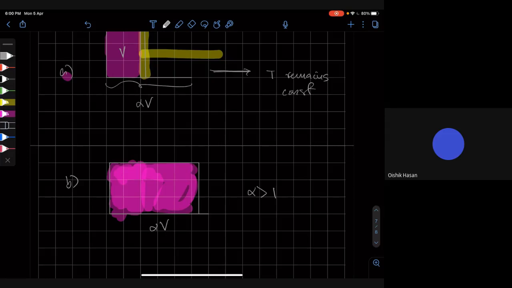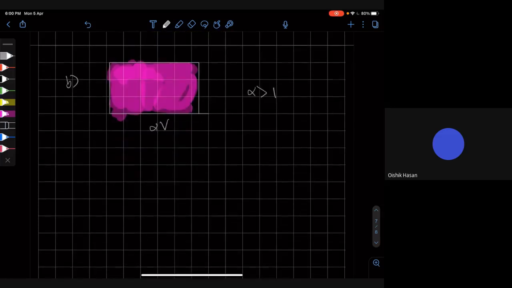Okay, so these are the two processes that one has to consider. And in the first case, we consider this for an ideal gas, and we have to compute the change in entropy for both of these cases, okay?